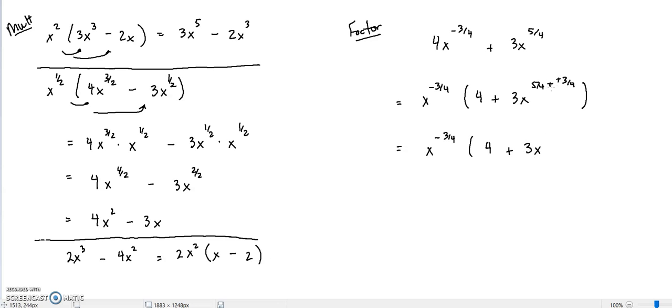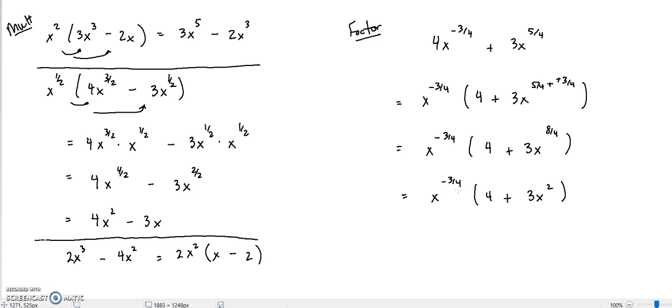Okay, so now we're going to add these together. We're going to get 8 over 4, which is the same as 2. Plus 3x squared.